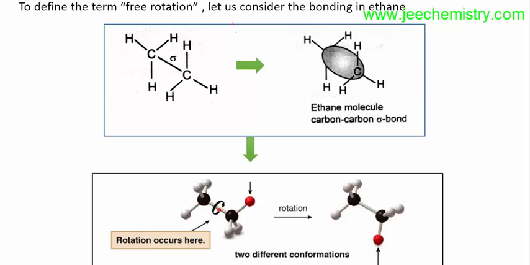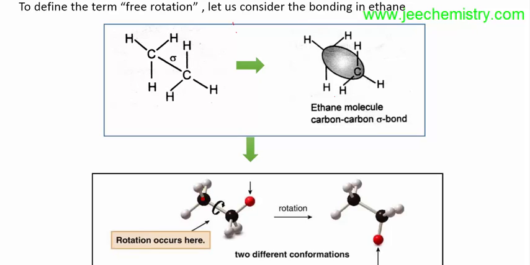It is shown in three dimensions. Since we are learning organic chemistry, we are taking carbon atoms, but in inorganic or other topics we can take any other atoms. Here black is carbon and white is hydrogen.